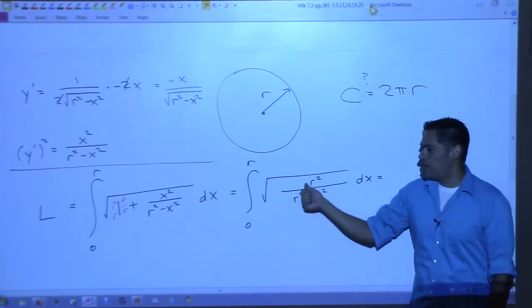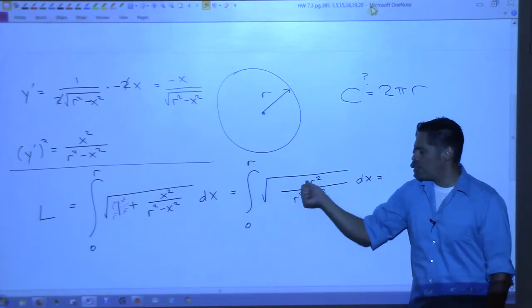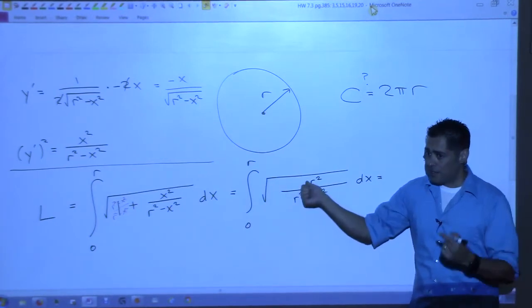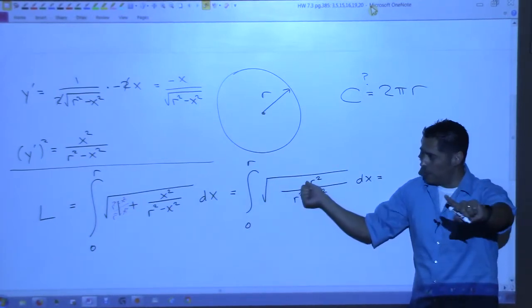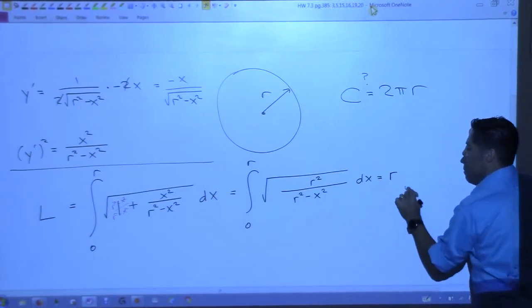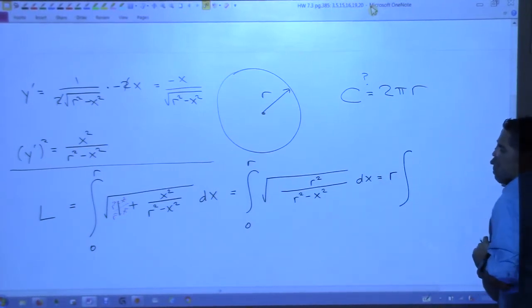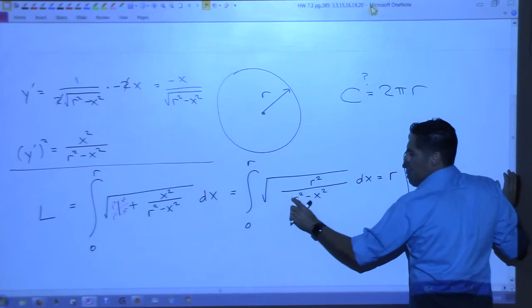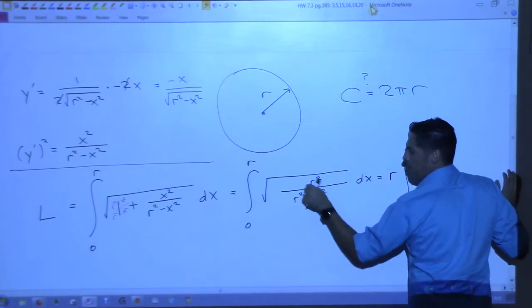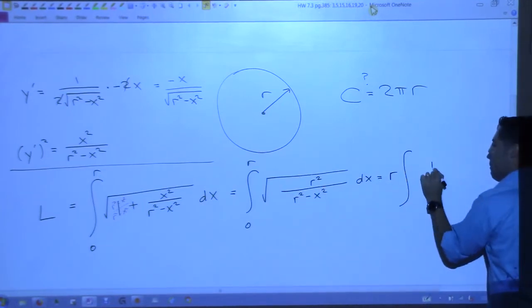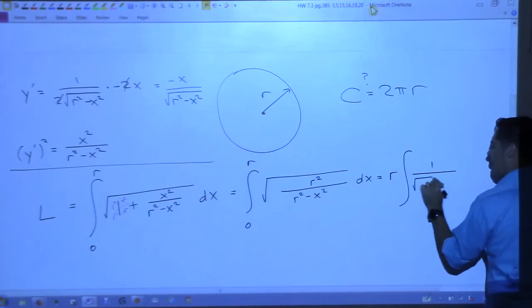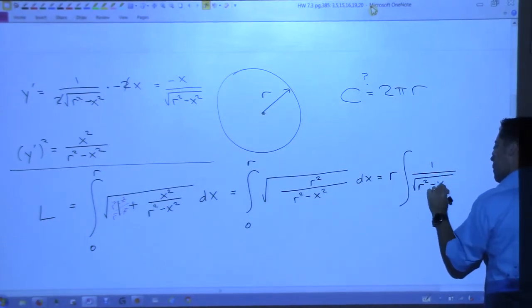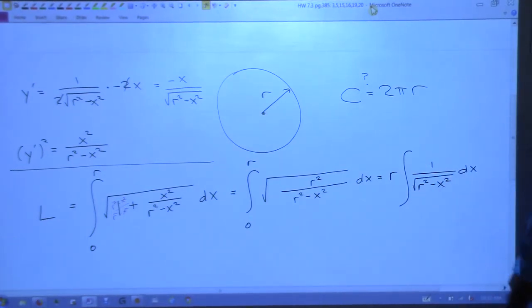And the top is a constant. So when I take the square root of r squared, I just get r. And it's a constant, so it can come out of the integral completely. So I have an r out here, then the integral. What was still there? I have this right here with a root, but it's on the bottom. So 1 over that, like that, right?